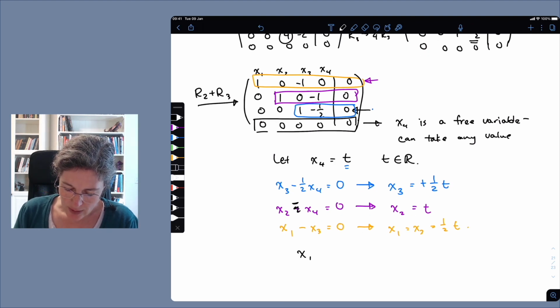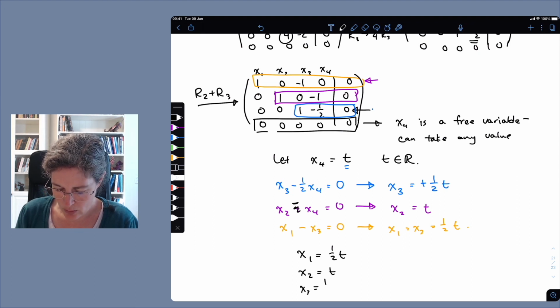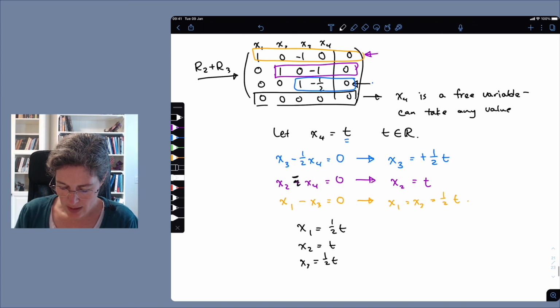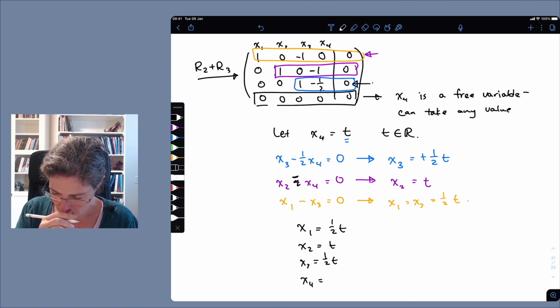This says that we have x1 is equal to half t, x2 is equal to t, x3 is equal to half t, and x4 is equal to t.